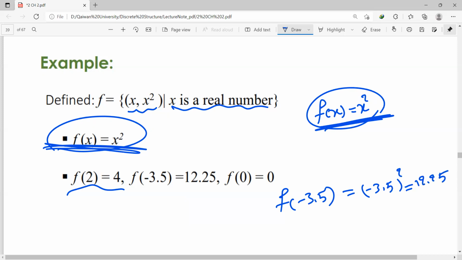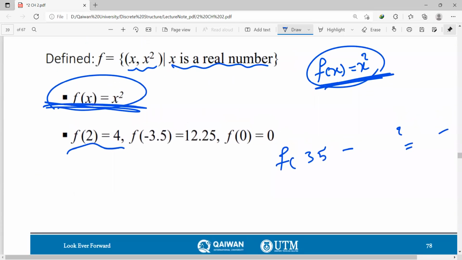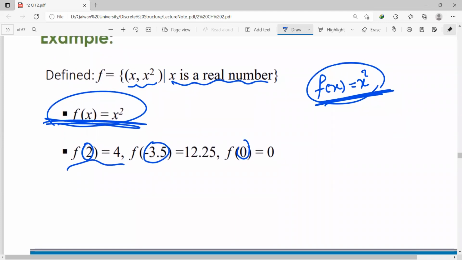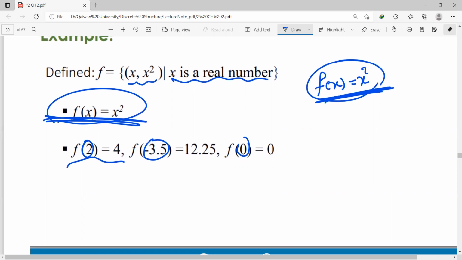And also f of 0 is 0 squared, which is still 0. We substitute all of these elements into the function. So this is a definition, and from the definition we found the function and then found the value of some points.